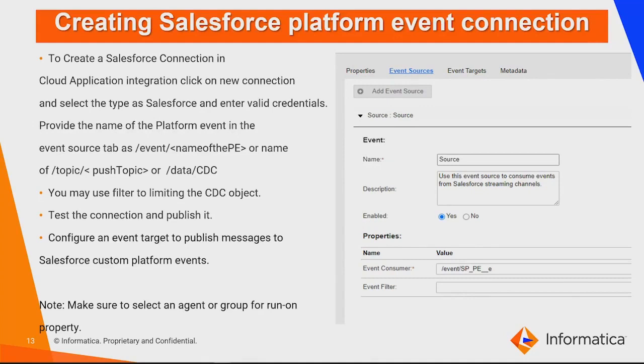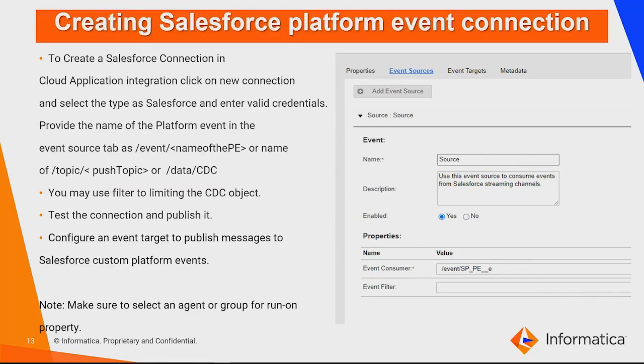In case you are connecting to change data capture, then you need to prefix with /data followed by the CDC name of the object followed by change request. You may also use a filter in order to limit the records for your CDC object. You can click and test the connection and publish it.